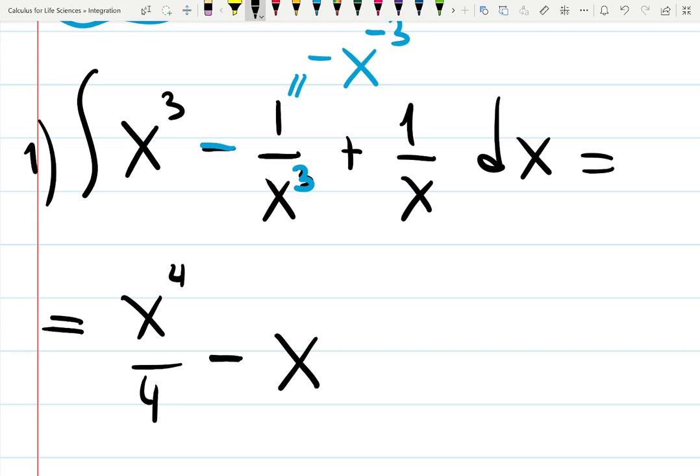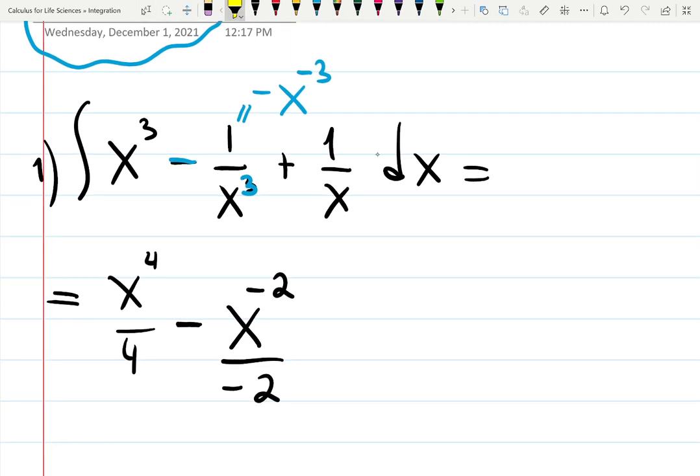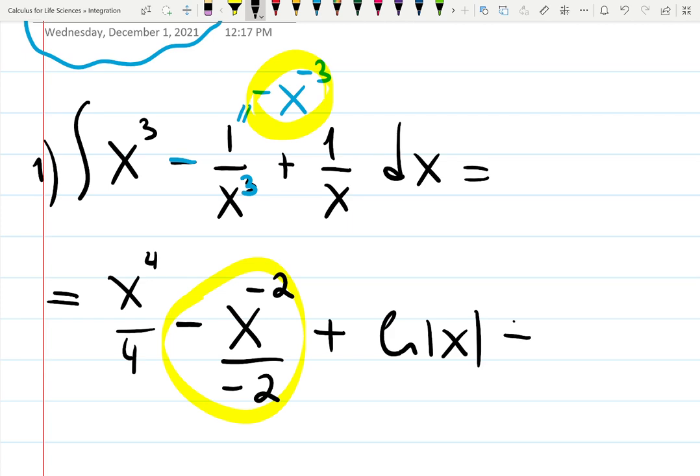Now it will be minus x to the minus 4 or minus 2? Would it be plus now because it was minus? Let's see. Minus 2, divide by the same thing right away. I'm going slowly. This is important. Did you understand this step? I'm integrating this piece now. So here it is: x to the minus 2 over minus 2, plus what is that? ln absolute value of x plus c.